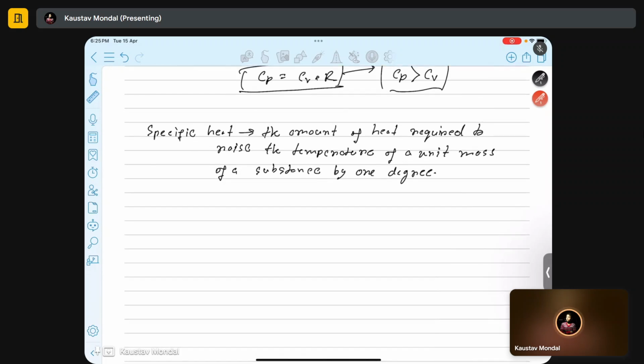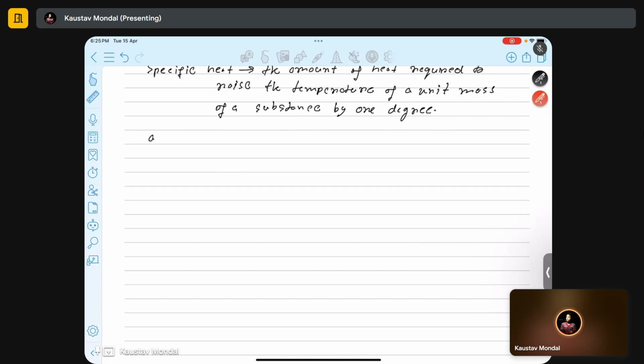Now at constant volume, we know dQ equal to dU plus dW, right? As you can see, at constant volume delta V is equal to 0. So this actually means no work is done.